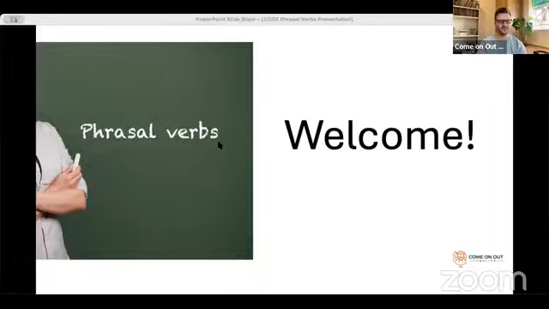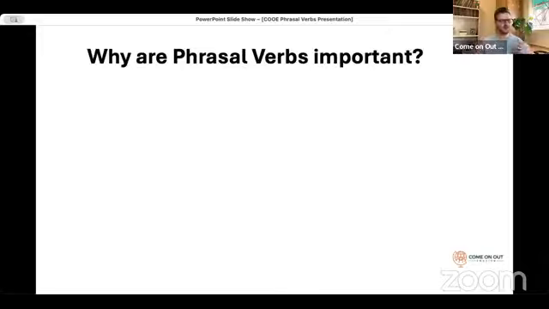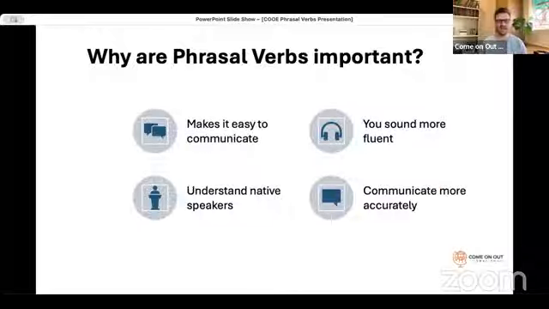And first, we will talk about why phrasal verbs are important. Why do you need to learn phrasal verbs? Why do you need to understand phrasal verbs? There are 4 reasons for you to understand phrasal verbs. Firstly, it makes it very easy to communicate or to speak with other people in the English language. Secondly, it helps you to sound a lot more fluent. You sound more like a native English speaker when you use phrasal verbs in your conversations.